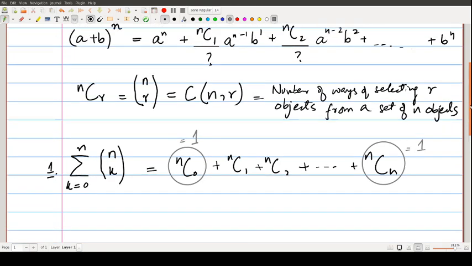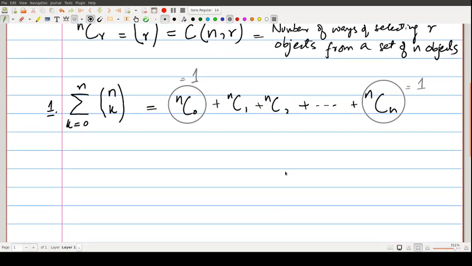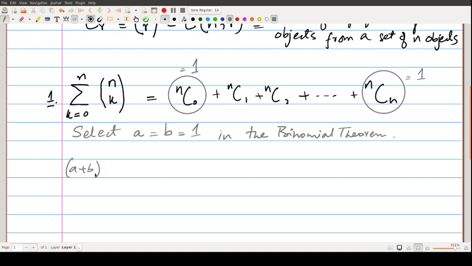Now if you look at the binomial theorem, the answer actually becomes pretty easy. If I select a equals b equals 1 in the binomial theorem, you get something interesting: if I take a plus b to the power n to be simply 1 plus 1 to the power n, then on the right hand side I should get the following.